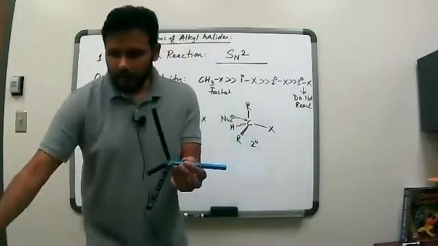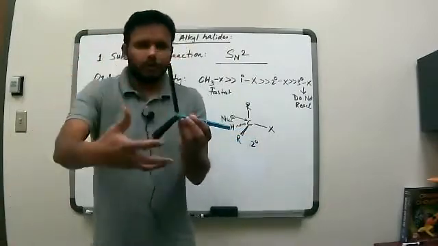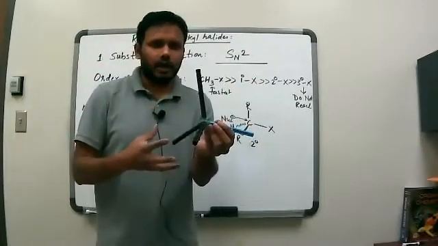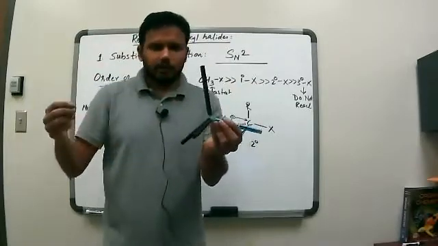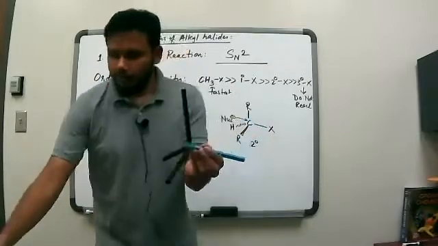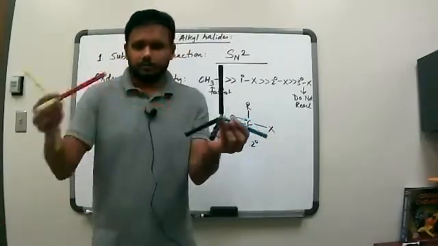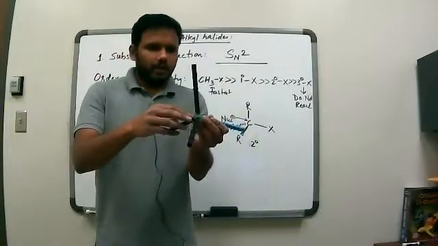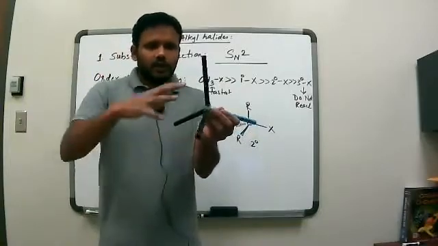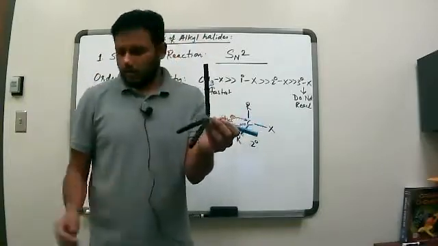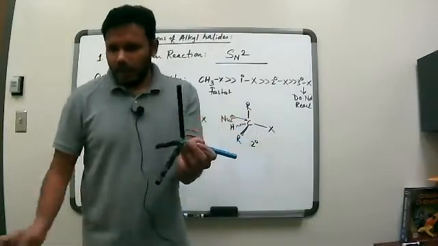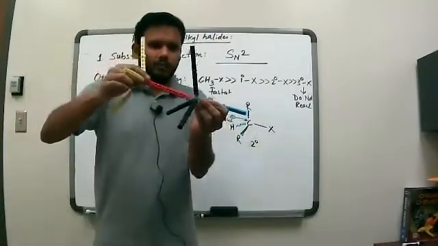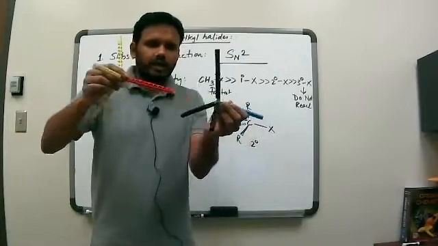Okay, when we had the tertiary alkyl halide, we had a lot of groups on all of these carbon atoms, which means that kind of blocks the path for the nucleophile to come and attack. Or in other words, when it is just hydrogens here, it is very roomy, okay? It is very roomy here, and so there's a lot of space for the nucleophile to come and attack.